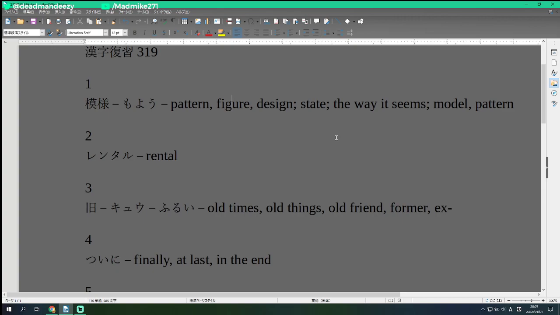Moyo is a design. Moyo is a design or a pattern.